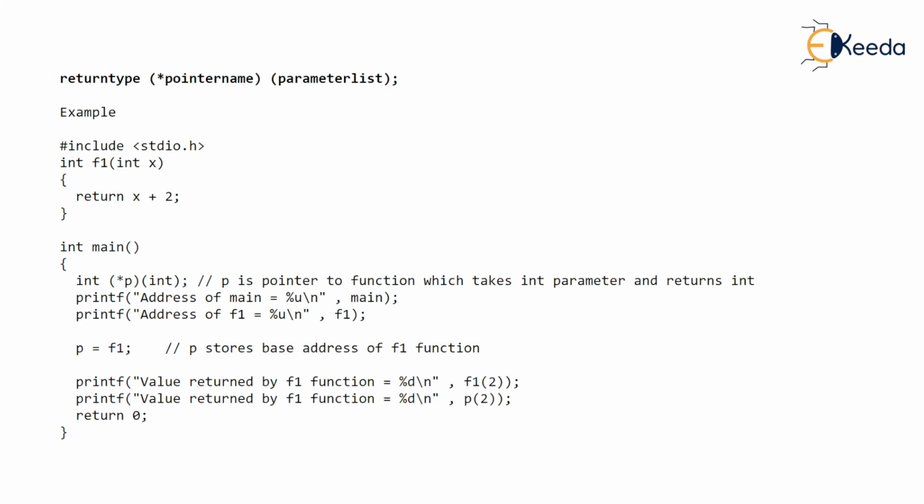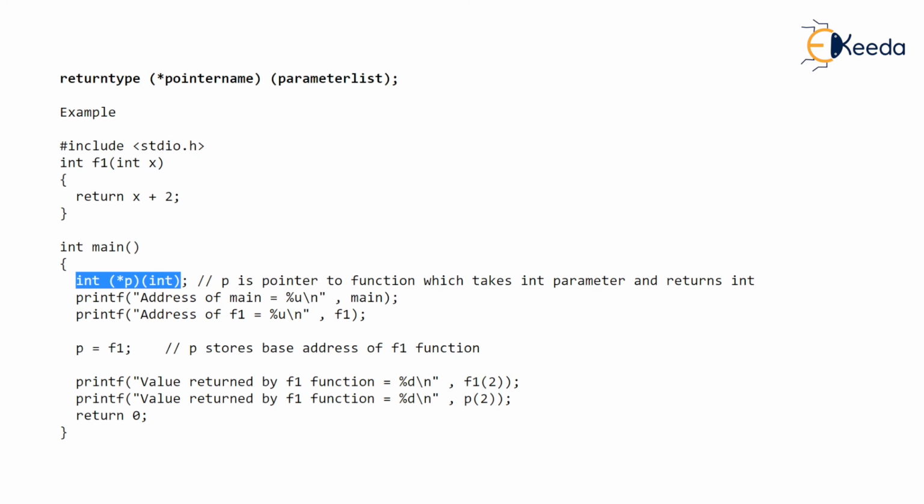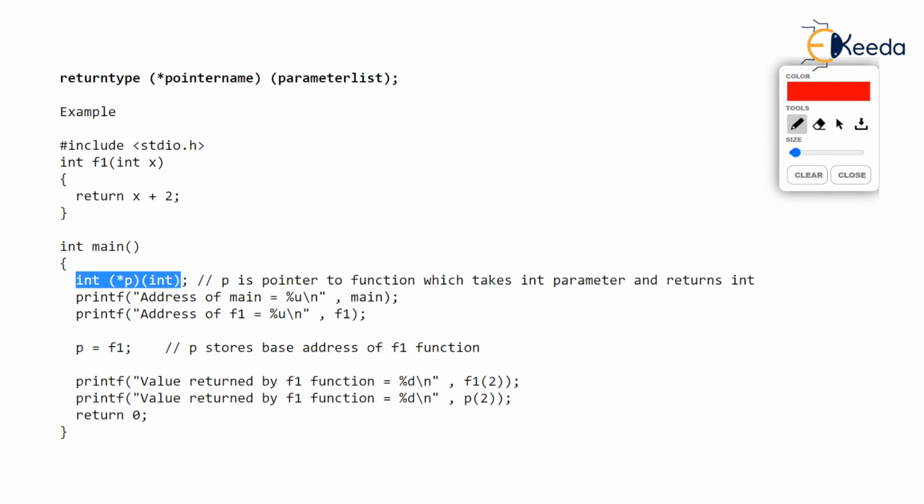I said that when you declare a pointer, I stressed on the point: when you declare a pointer to a function, you should write that pointer in the bracket, I said. Now, why? What happens if you don't write the bracket over there? Let's see. I hope you already understood it, but then continue with this discussion. Suppose I declare a pointer like this, int *p(int).